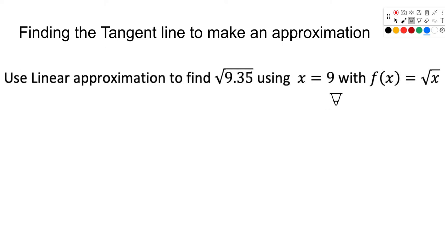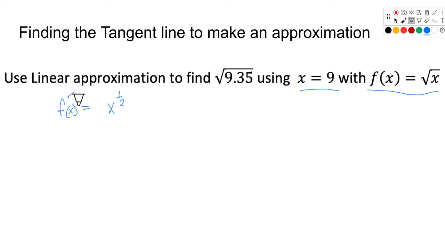Here we are. Okay, so what we need to do is get the tangent line to the square root of x function, and we're going to find that tangent line at x equals 9. Then we will use it to approximate 9.35. So we'll start off by finding our derivative. We'll rewrite it as x to the 1/2.